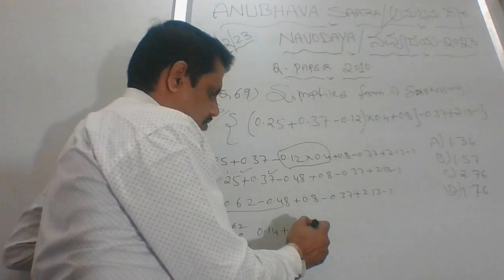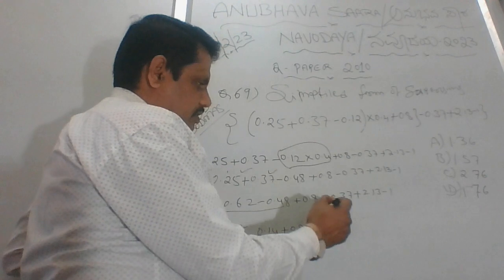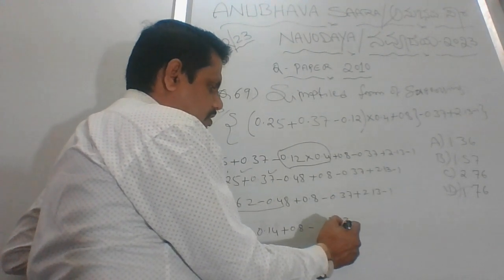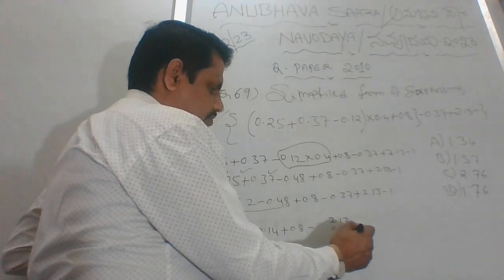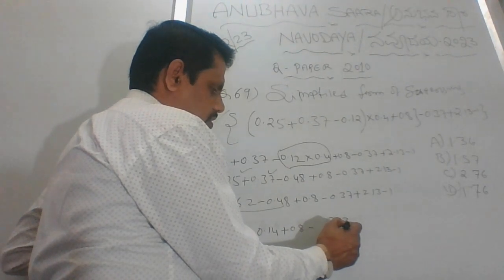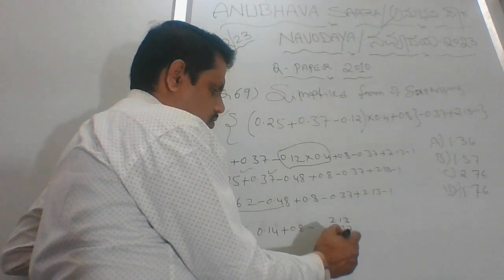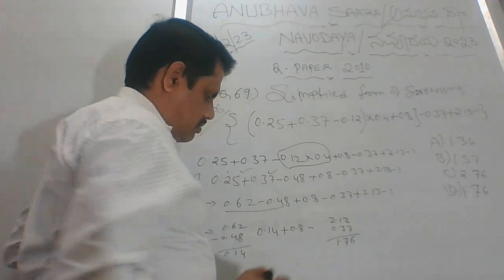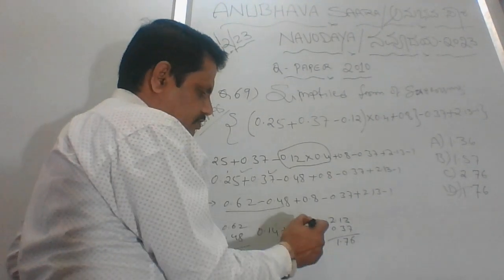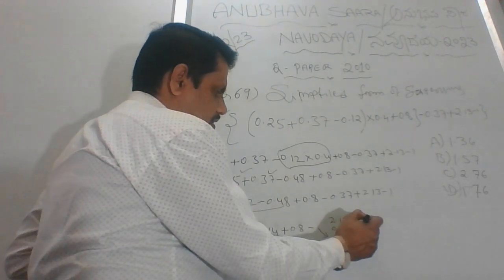Okay. Again minus, so it won't come minus. Minus how much is it? 2.13 minus 0.37 is 1.76. Fine. Plus into minus is minus, 1.76 minus 1.